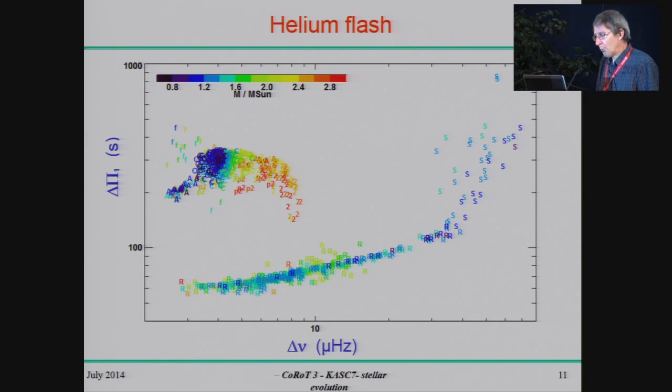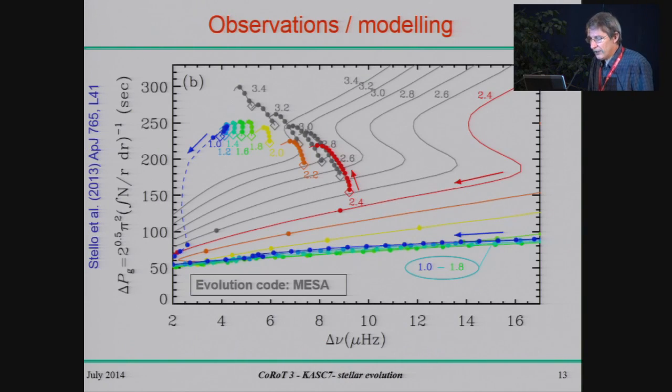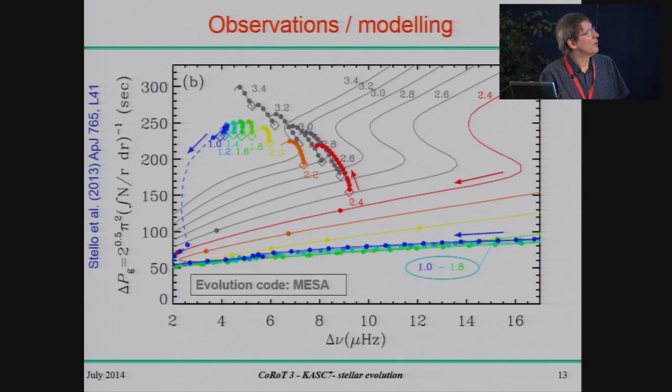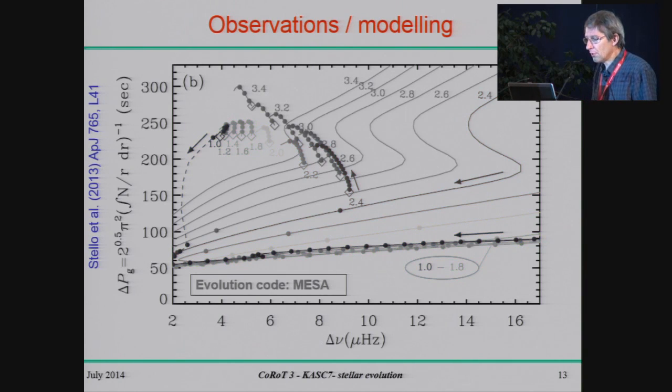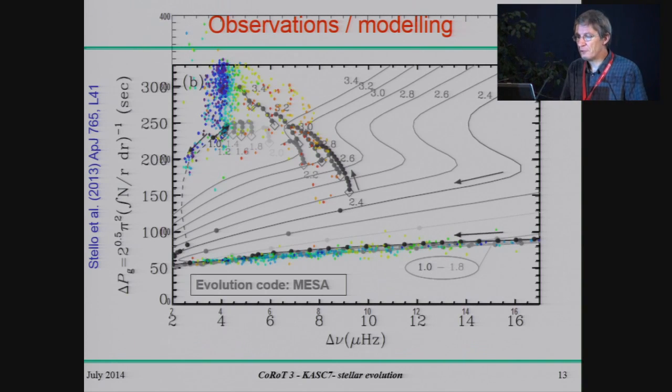We can now compare this data with simulations. Here are a set of models derived from the MESA code from Stello et al. You have the RGB, you have the clump, main clump, secondary clump. I'll just remove the color because the colored information now is observation.